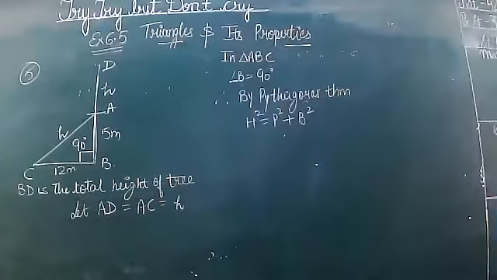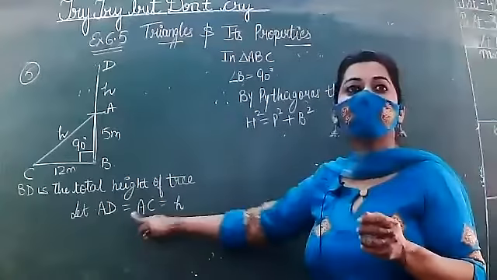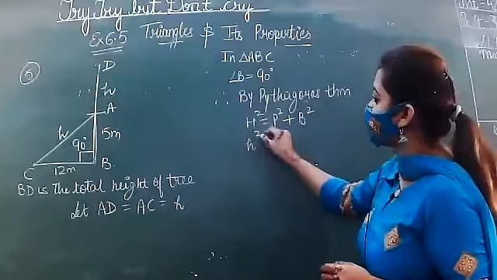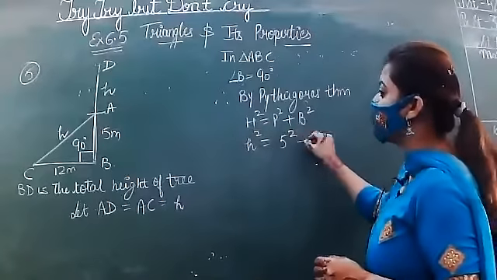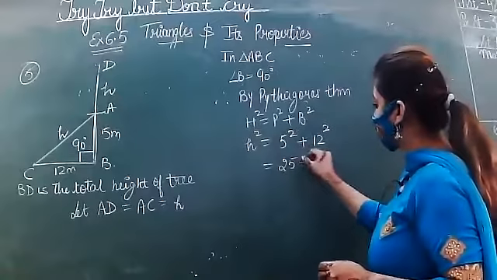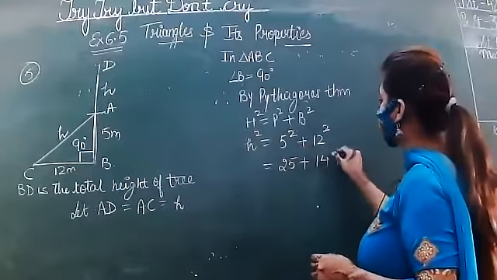This we have supposed as H. Hypotenuse is your H. Perpendicular is 5. Base is 12. 5 square plus 12 square.